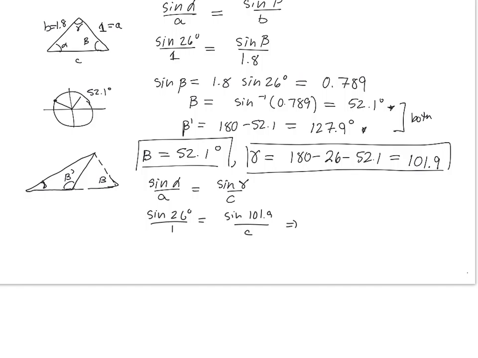Multiply the c over and you get c times the sine of 26 equals sine of 101.9. And so c is sine of 101.9 over sine of 26. When I did this, c was 2.23. Did anybody else get that? Or 2.2, depending on how you want to round.